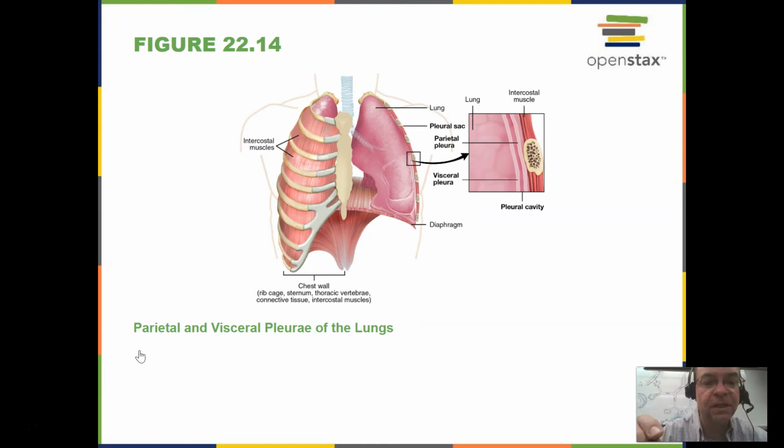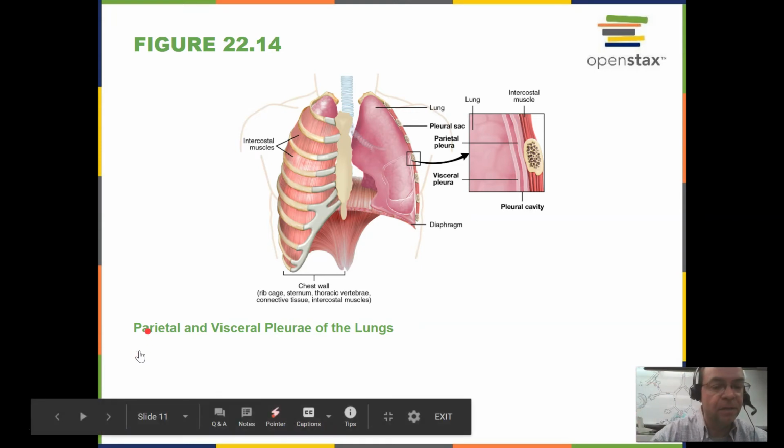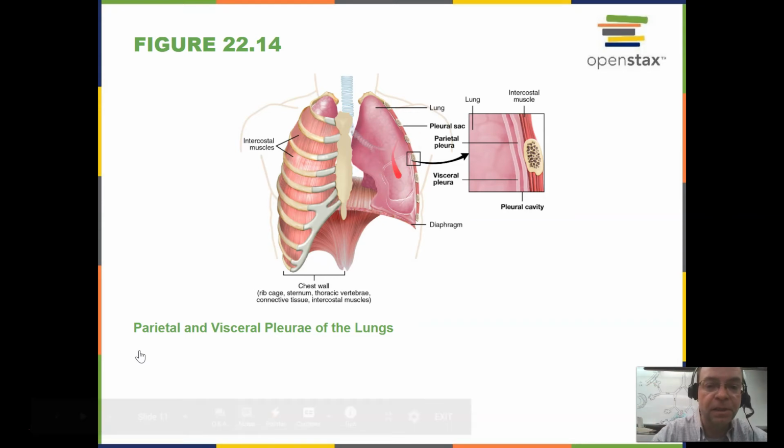And lastly, a reminder about the parietal and the visceral pleura of the lungs. Here we zoom in, and we'll see that the innermost membrane that physically touches and wraps the lung is the visceral pleura.